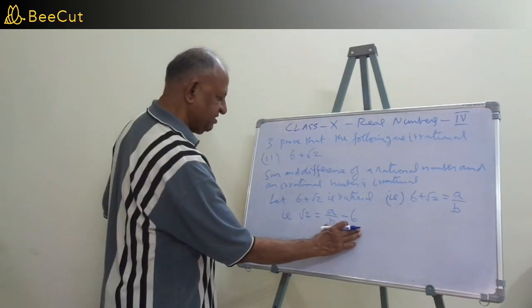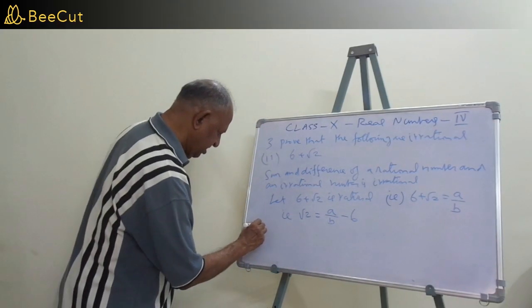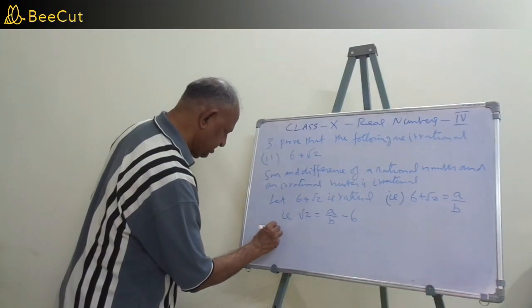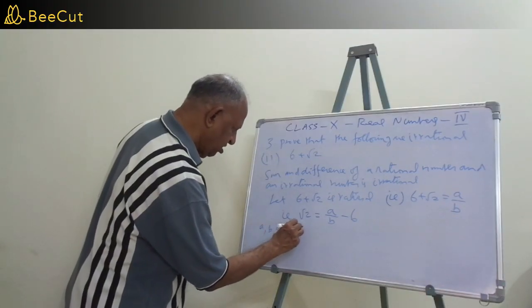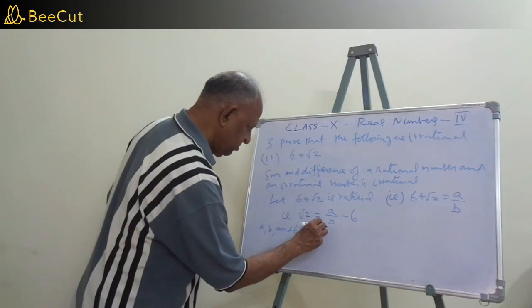We will take the right hand side. a, b and 6 are integers.